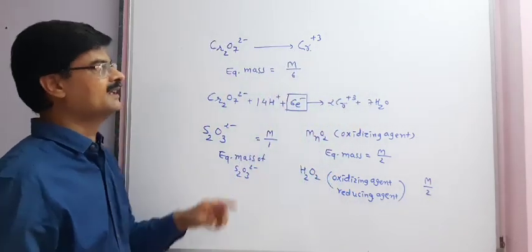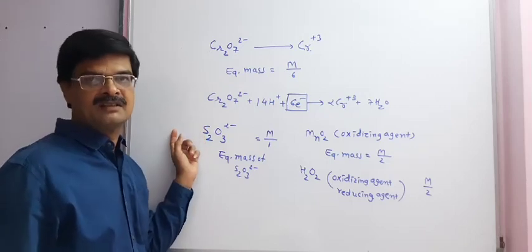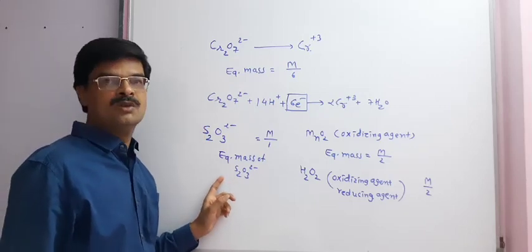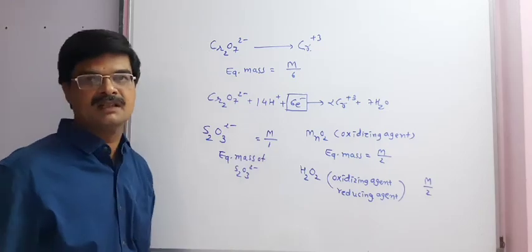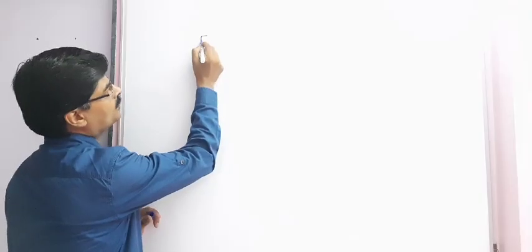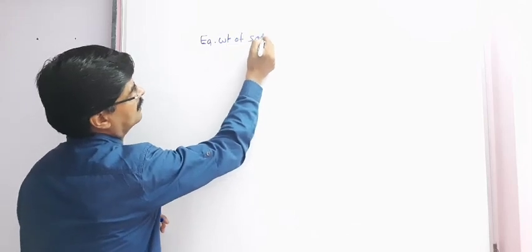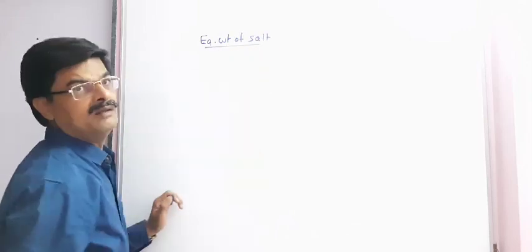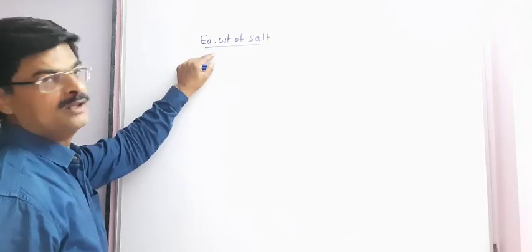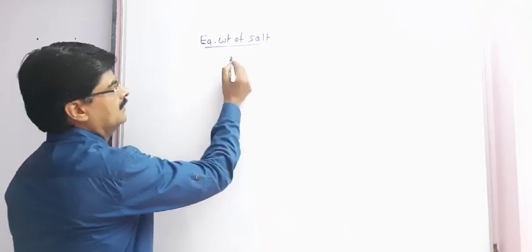So here we can say that for redox titration also, we can find out the equivalent mass in this manner. Equivalent weight of salt. Take some examples to understand how equivalent weight of a salt is obtained.